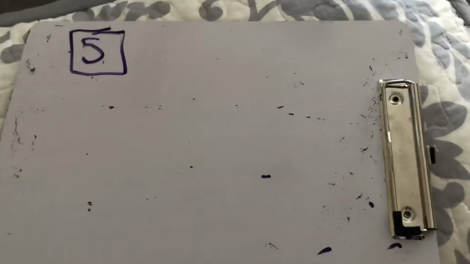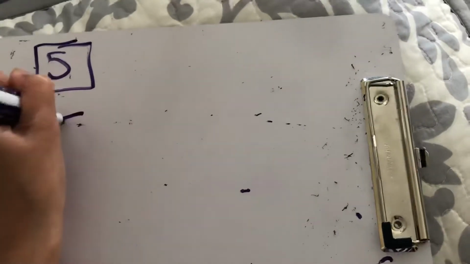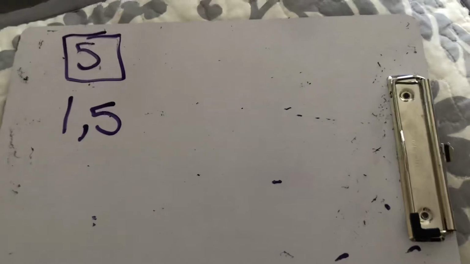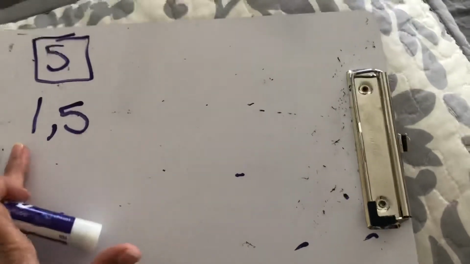I'm going to start with 1 because that's my trick, right? I start with 1 and then I go through them. 1 times what equals 5? 2 times what equals 5? Nothing. 3 times what equals 5? Nothing. 4 times what equals 5? Nothing. 5 times what equals 5? I already have that, which means I'm now done.